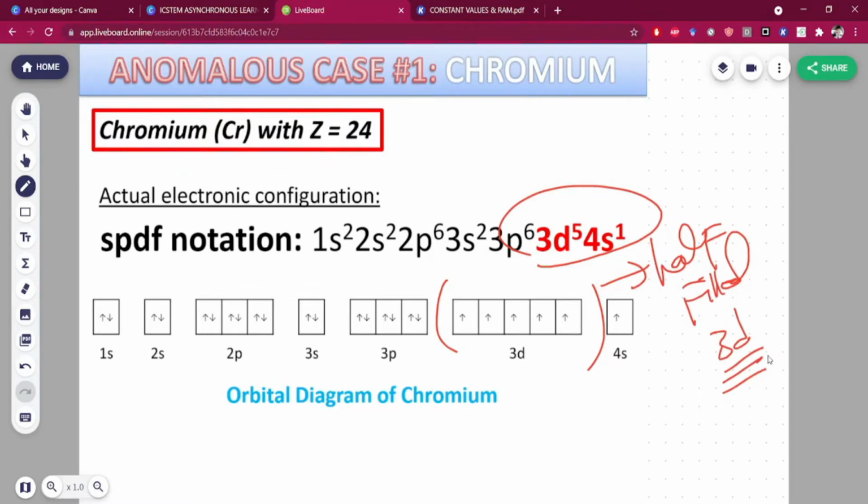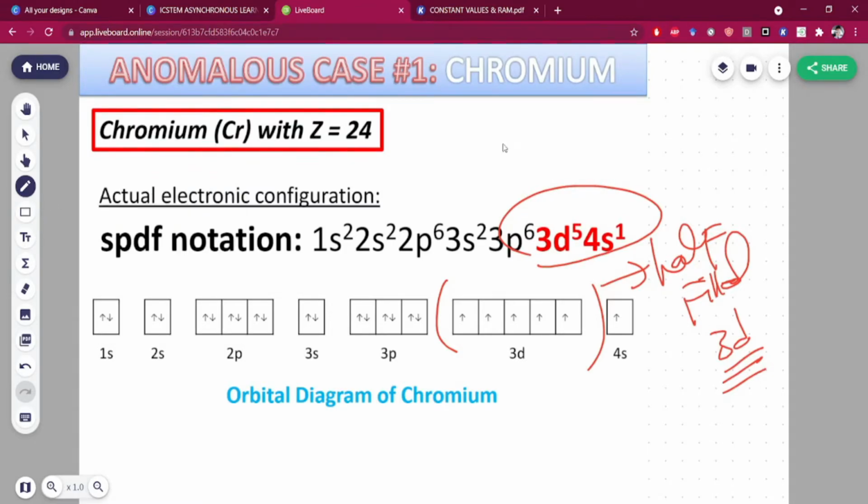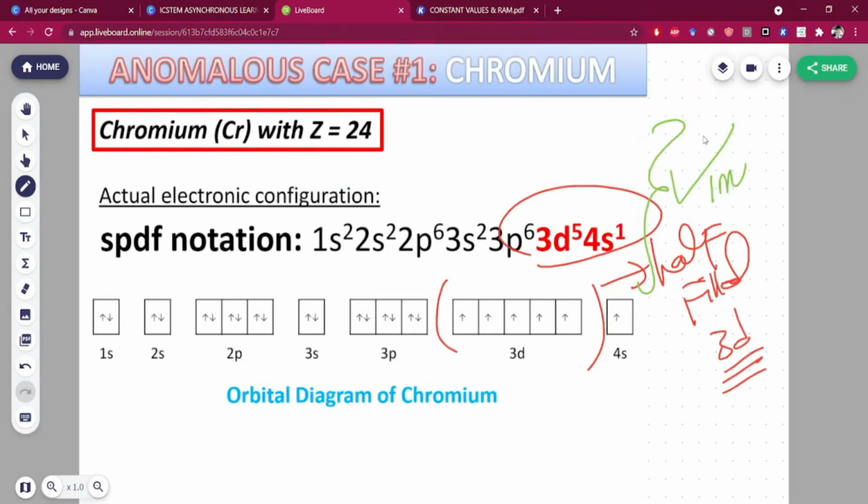You have half-filled 3d right there. So when you write the actual electronic configuration, you get another 1 mark. 1 mark for the expected based on Aufbau, and then another 1 mark for the actual electronic configuration.